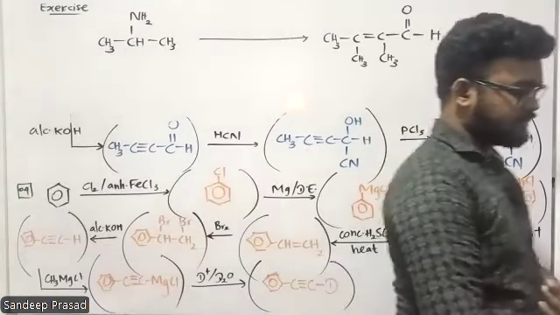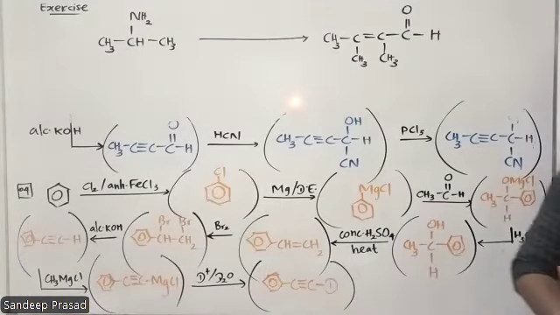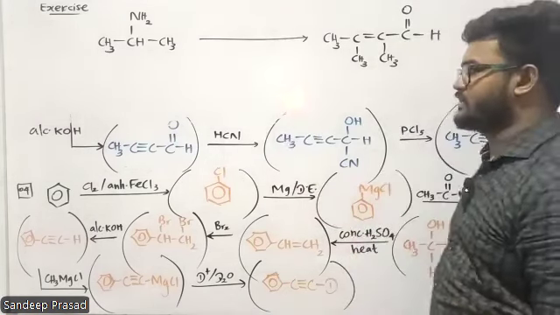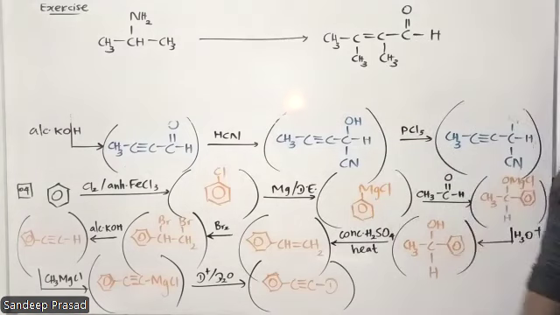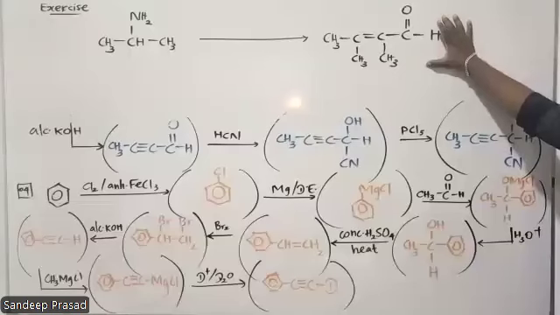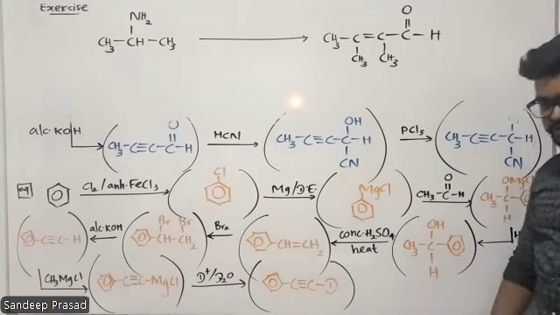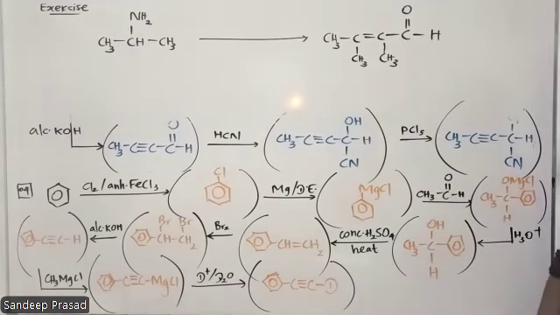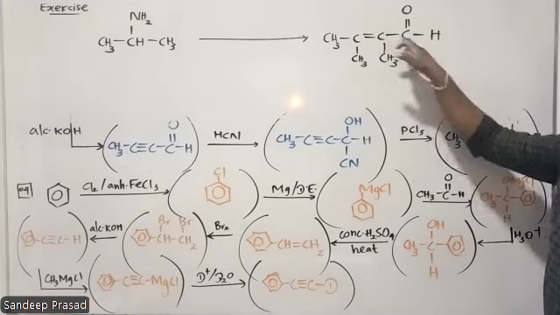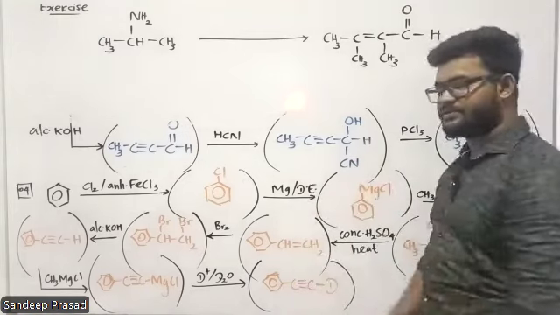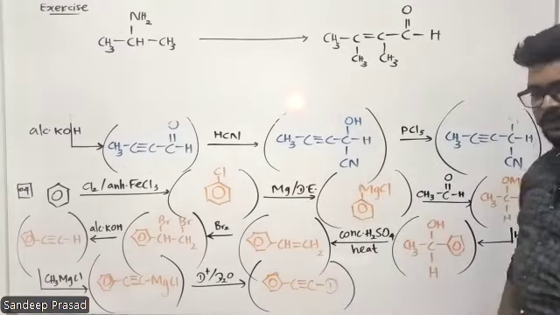Quickly do this conversion. You can't use any organic compounds from outside. This is the only starting organic compound. You have to obtain this one. When you look at this organic molecule, you should be able to understand this is a product from aldol condensation, right? Alpha, beta, unsaturated aldehyde. So definitely the previous few steps are aldol condensation.